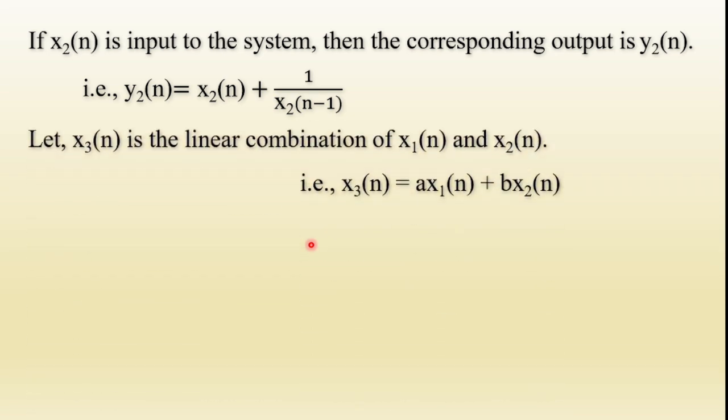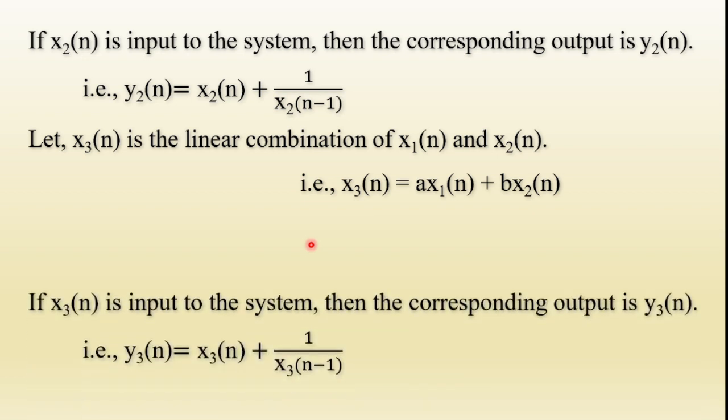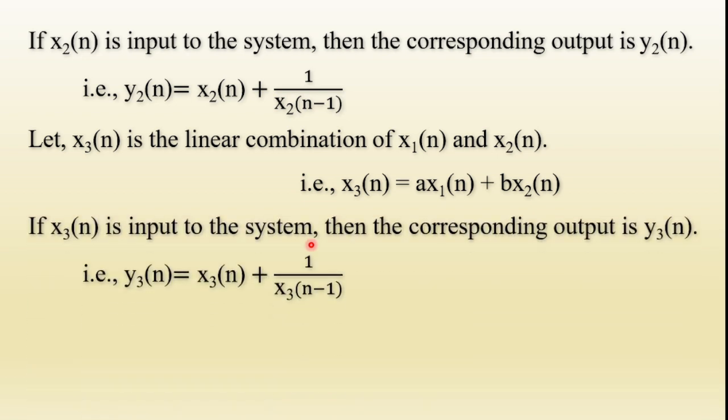Let x3 of n be a linear combination of x1 of n and x2 of n. That is, x3 of n is equal to a x1 of n plus b x2 of n. Similarly, consider the third system, whose input is x3 of n and its corresponding output is y3 of n. So the third system output is y3 of n is equal to x3 of n plus 1 by x3 of n minus 1. But x3 of n is equal to a x1 of n plus b x2 of n.